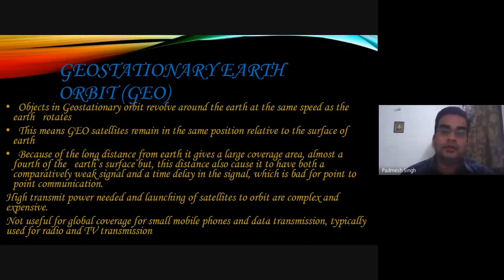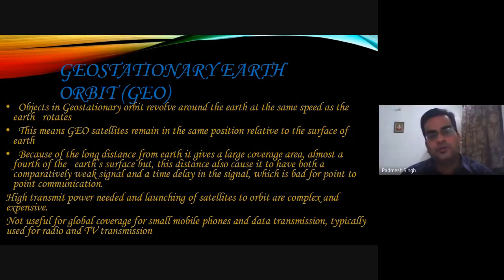But this distance also causes a comparatively weak signal and a time delay in the signal, which is bad for communication. And in spite of this, it is a very costly affair to launch a satellite into a 36,000 kilometer orbit.